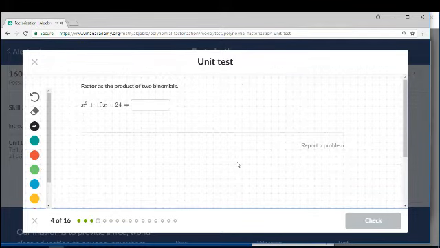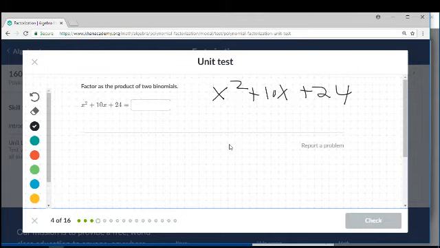All right. Factor as a product of two binomials. X squared plus 10x plus 24. All right. So x squared plus 10x plus 24.